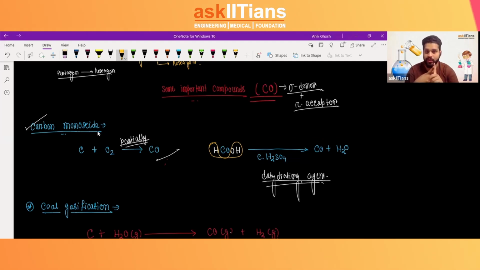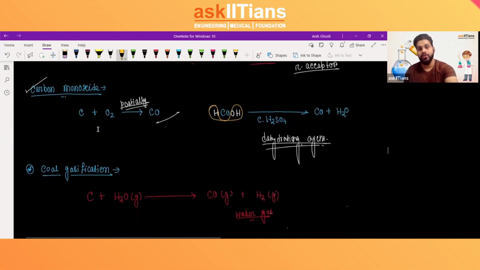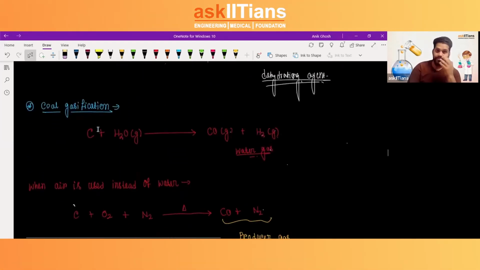Actually, it is a very good reducing agent. It is used for numerous types of reduction, so many kinds of species can be formed out of it. But now the part is the way we make CO. We don't make only CO in industries. We make water gas or producer gas out of it, where the CO percentage is high.